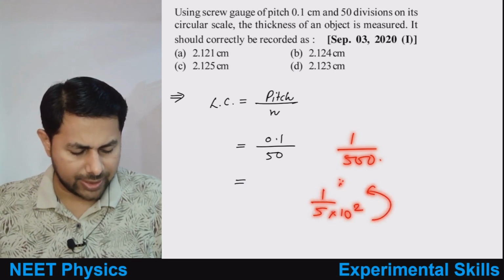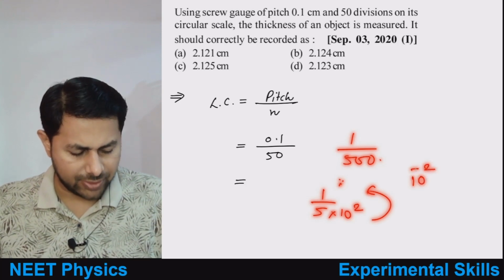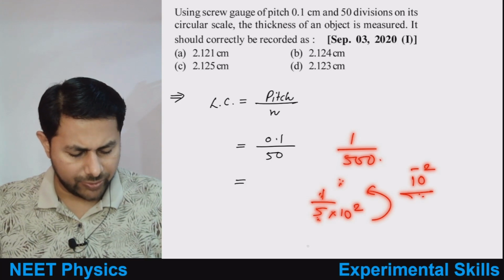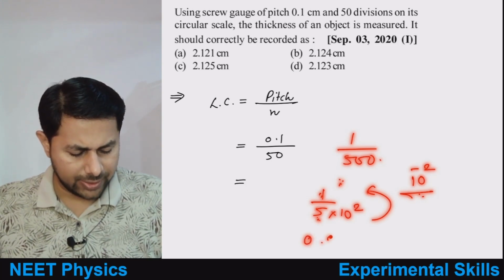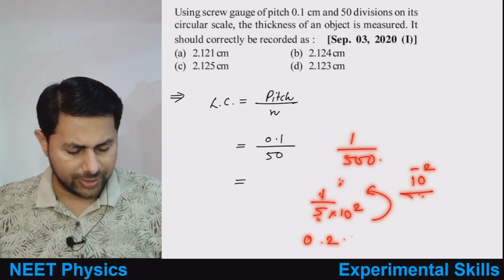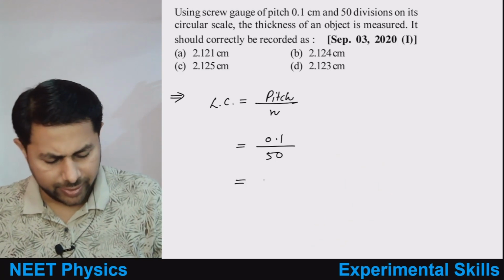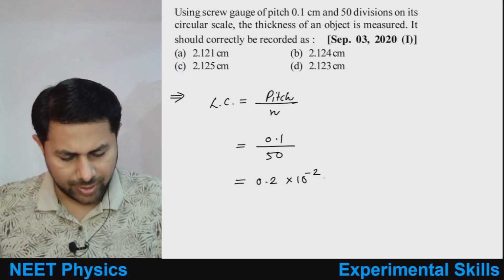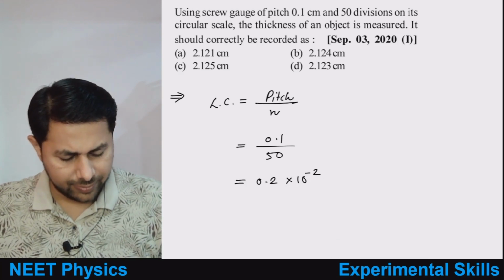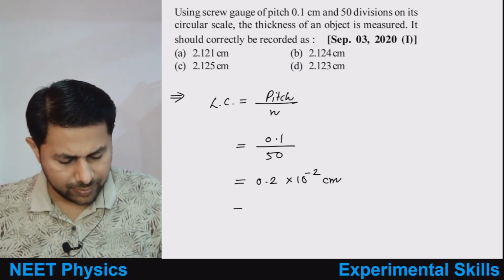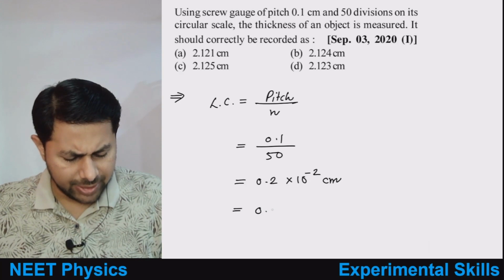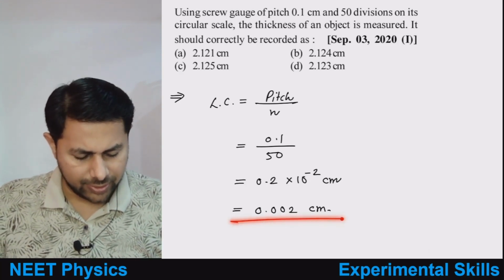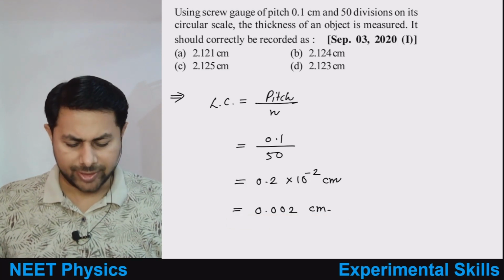Take that to numerator. So you get 10 raised to minus 2. And 1 by 5 will give you 0.2. So 0.2 multiplied by 10 raised to minus 2 of a centimeter, that means 0.002 centimeters.